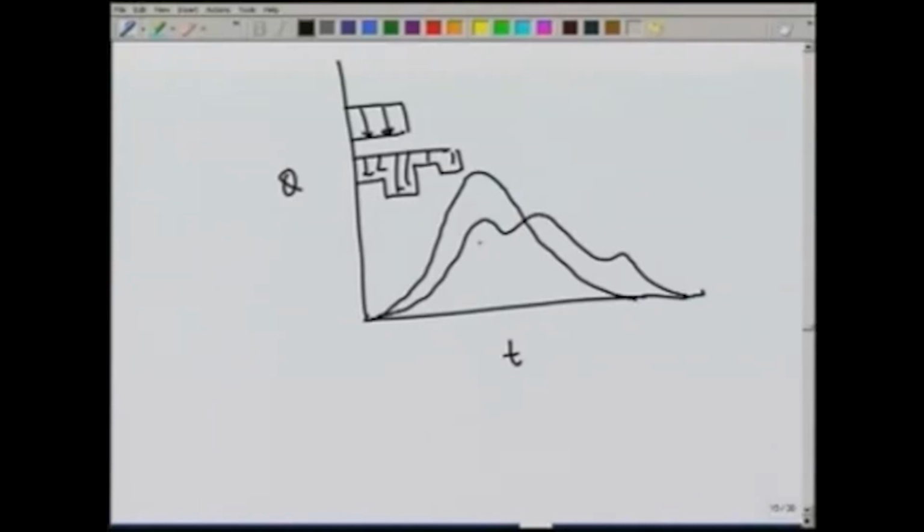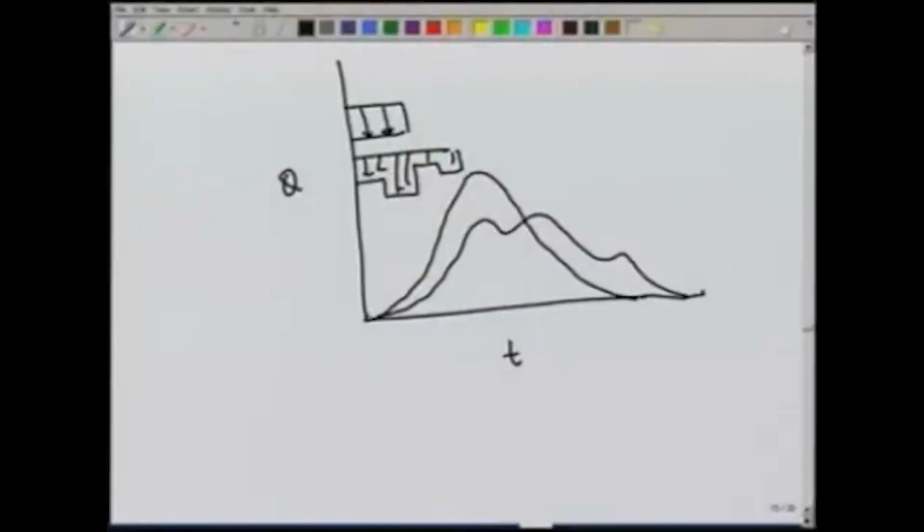But if we make two assumptions, then it makes the analysis much easier, and those assumptions are called time invariance and linearity.